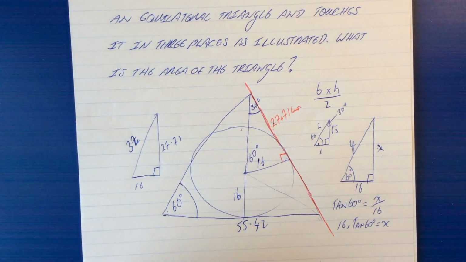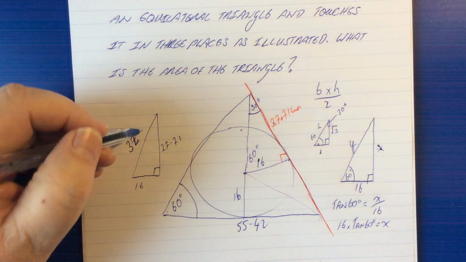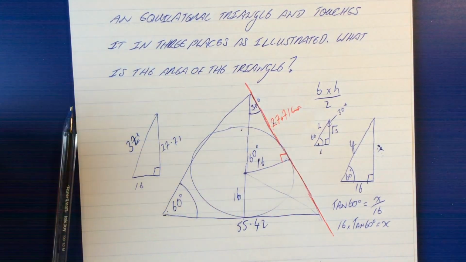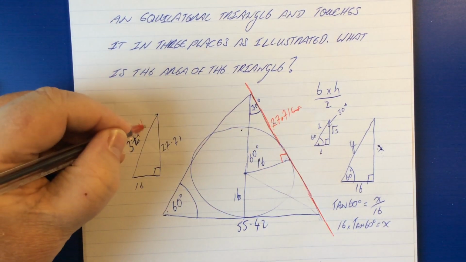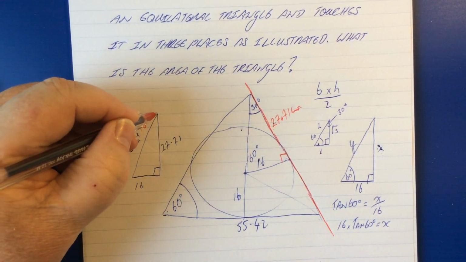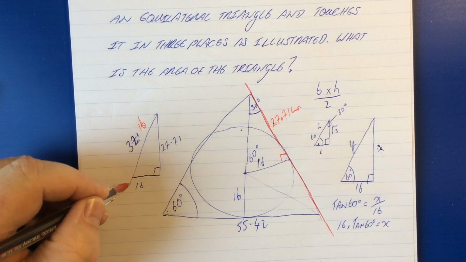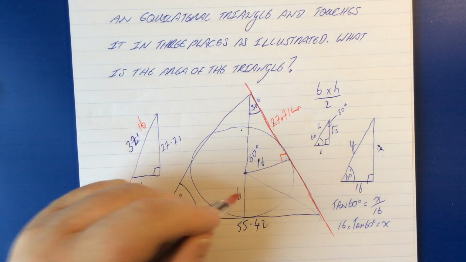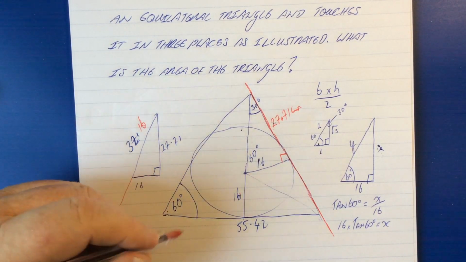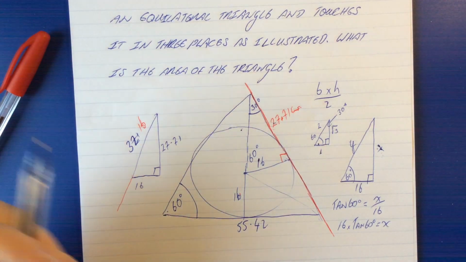So that is 32. Now, we need to add 16 to that, because this continues on down here and encompasses that. So that is 48.